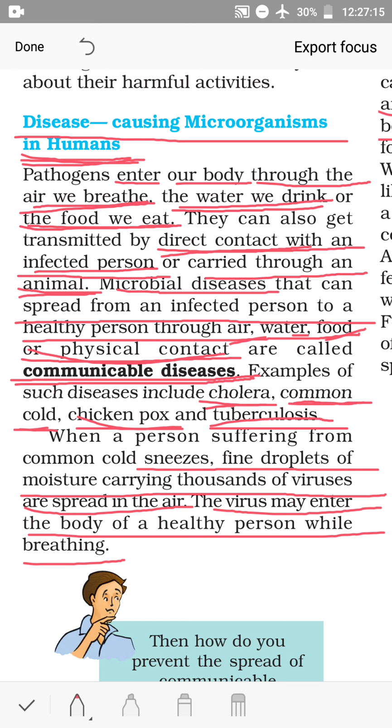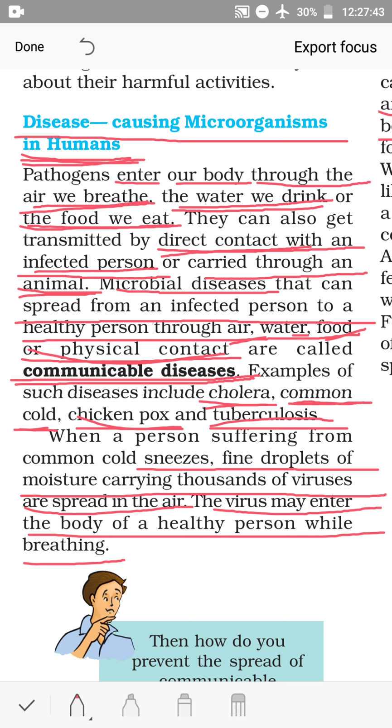When a person suffering from common cold sneezes, fine droplets of moisture carrying thousands of viruses are spread in the air. Common cold, all of us have suffered from, right? And from time to time we suffer from it. It is caused by viruses. The virus may enter the body of a healthy person while breathing.